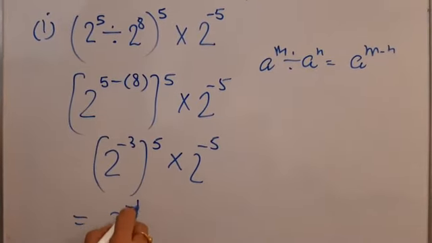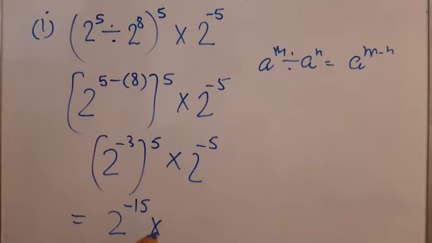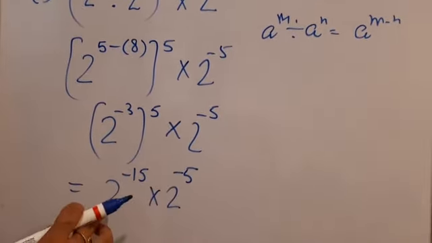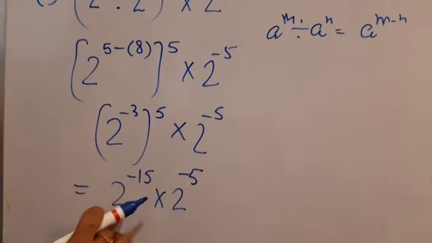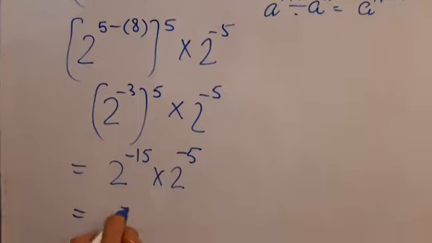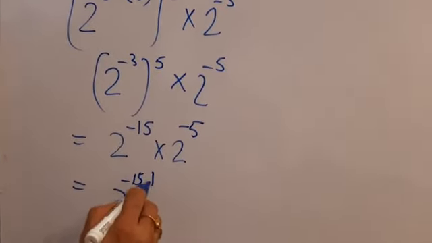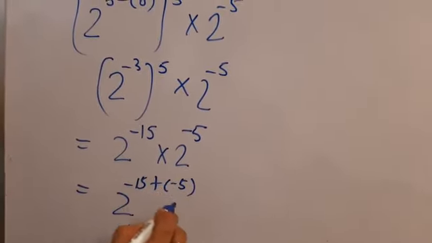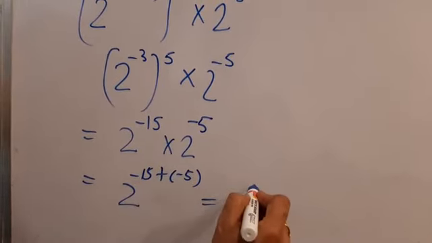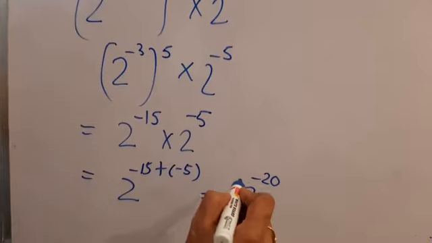You will get minus 15 and 2 raised to power minus 5. Now you observe here, when the bases are same, powers will be added. So you add the powers here, and you will get 2 raised to power minus 15 and minus 5, which will be minus 20.